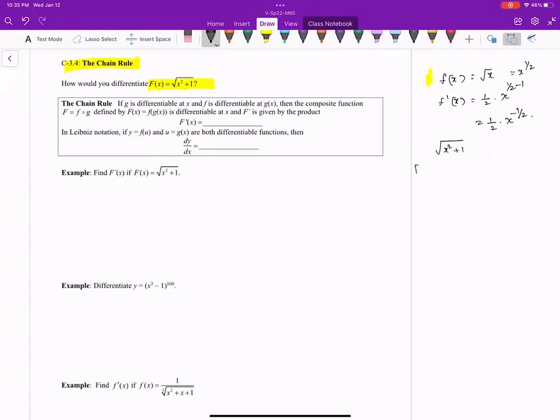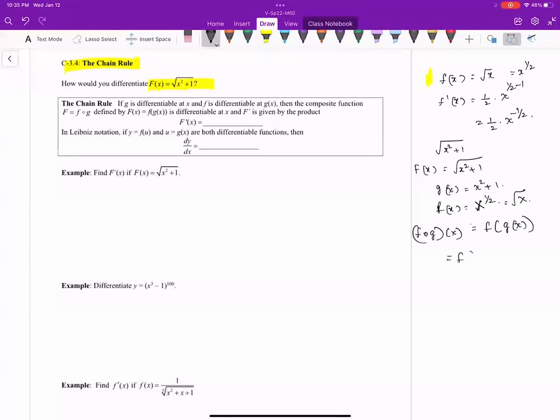First, in order to recognize the function f of x equal to square root of x squared plus 1, we will see this as a composite of two functions. So if I consider g of x equal to the expression inside the parentheses, and f of x equal to the one outside, which is something like x to the power 1/2 or square root of, let's say, uppercase X, then what is f composite g of x? We know that by rule it is f of g of x.